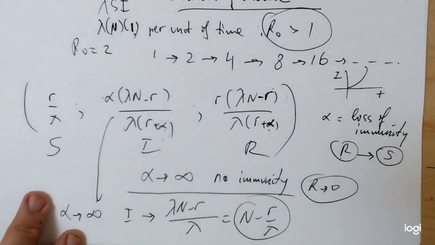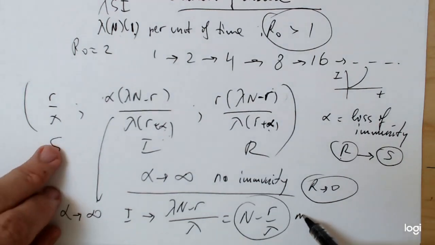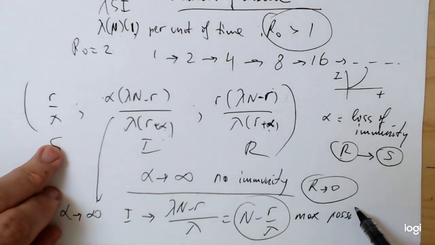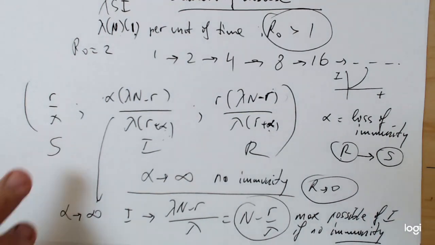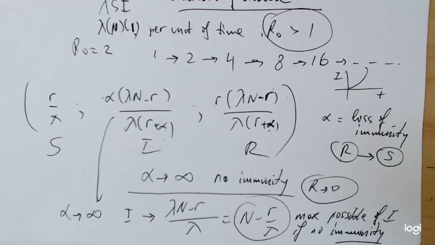So you could estimate the maximum possible of I if no immunity happens. Let's say you don't know exactly what level of immunity you have in the population, and that's basically the worst outcome in terms of the equilibrium value for the infected class, if alpha goes to infinity. So it plays a role, but not in the epidemic reproductive number.